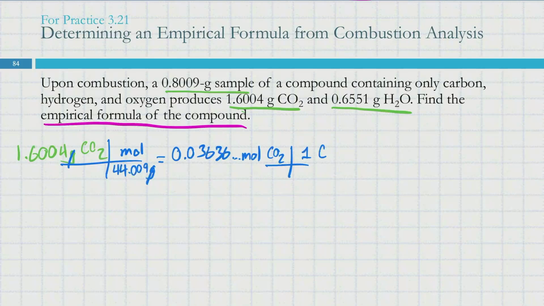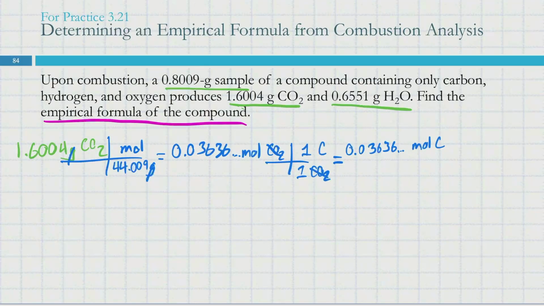And we've got one carbon in every one CO2. So our original amount of carbon was this many moles of carbon. Same steps that we did on the previous problem.